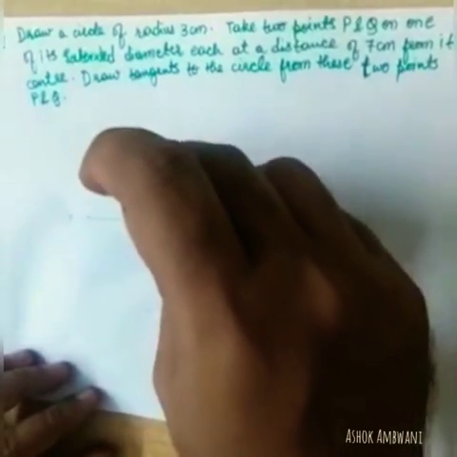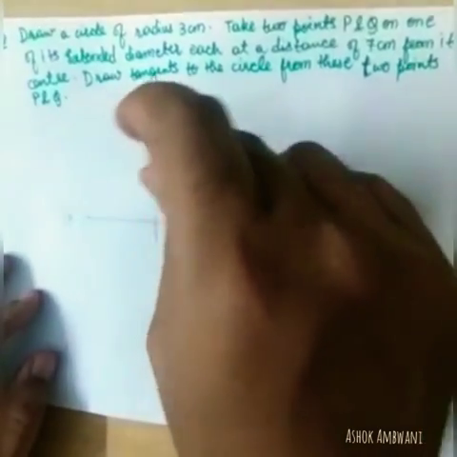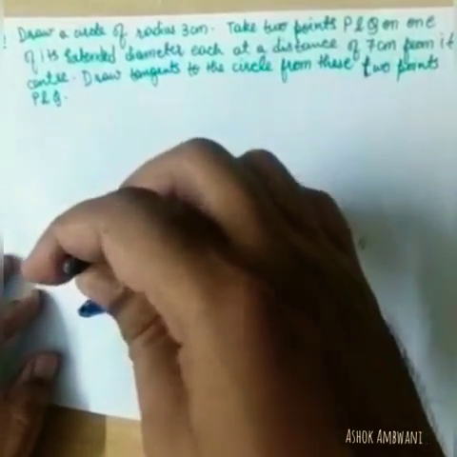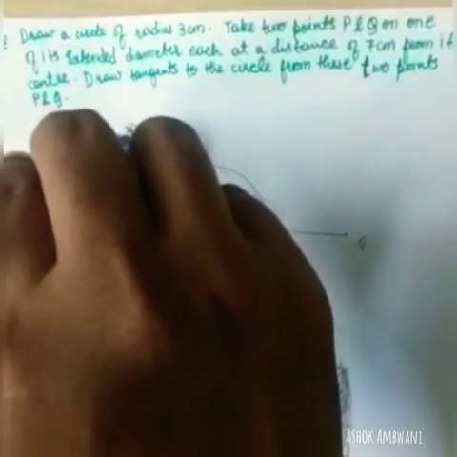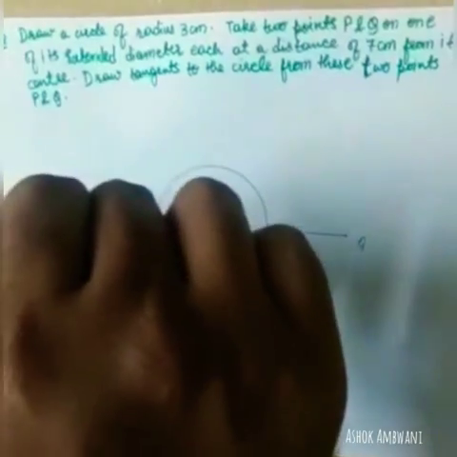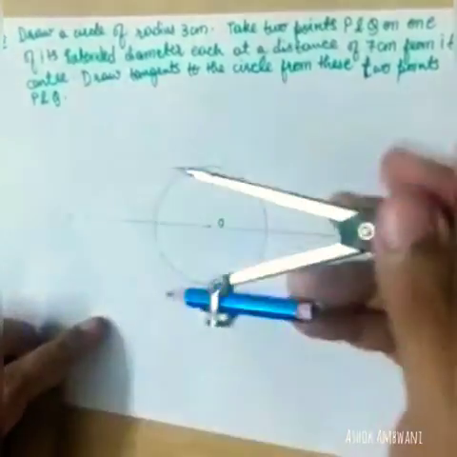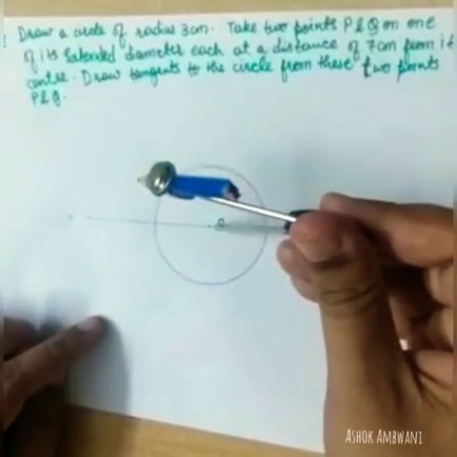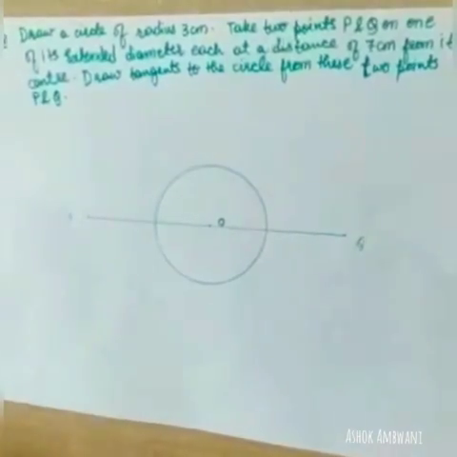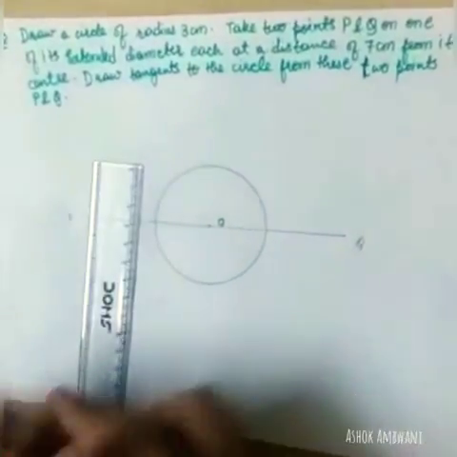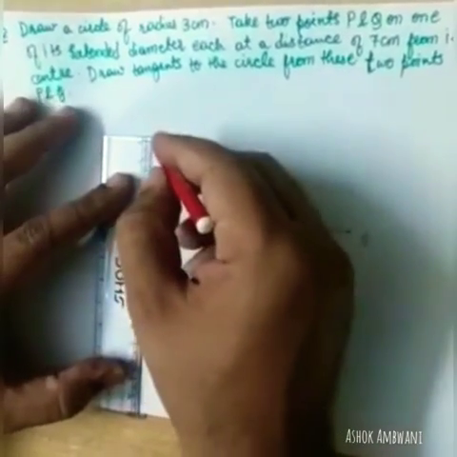So I have set the radius more than half OP, and draw arcs in the upper half plane and lower half plane with center O, and in the upper half plane and lower half plane with center P. This is not intersecting, so again I'll do it from here. As soon as the arcs intersect, you have to obtain the midpoint on line segment OP.